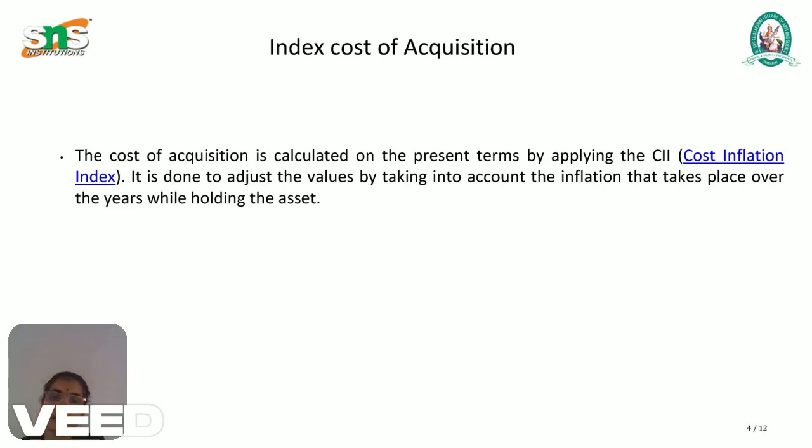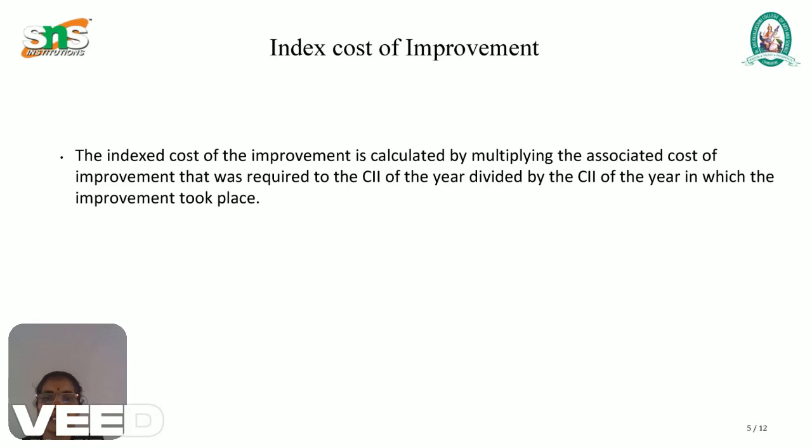While calculating a long term capital gain, the holding period is more than 3 years, that is, more than 36 months. Based on that, we find the index cost of acquisition. Next, let us start the index cost of improvement.